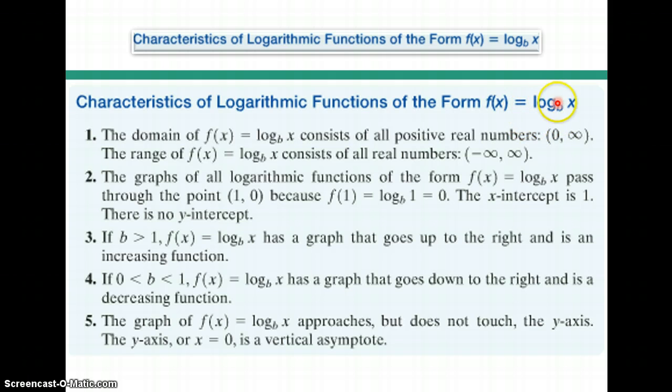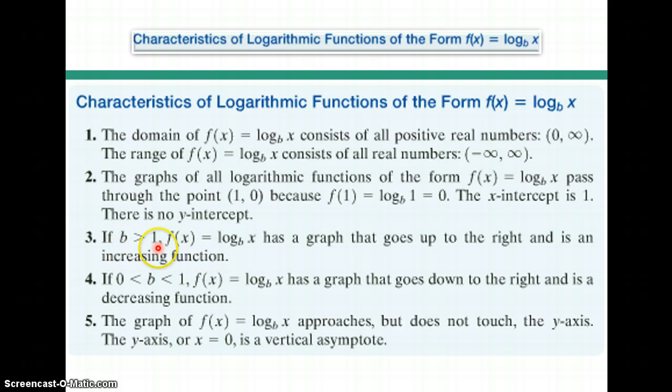The graph of log base b of x passes through the point 1 and 0. The x-intercept is 1. There is no y-intercept for log base b of x.